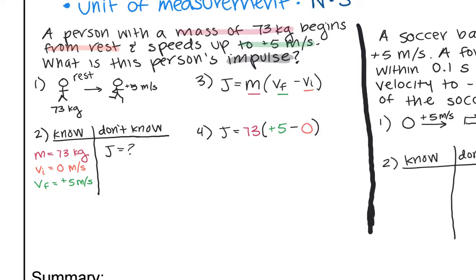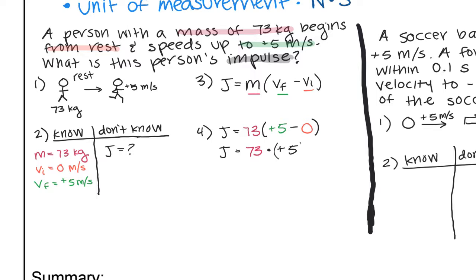Now that we've got everything in, again, make sure you are following PEMDAS. So we are going to have 73 times positive 5 minus 0. So that is going to be equal to positive 5.